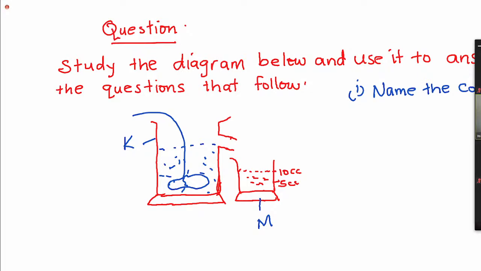Name the containers marked K, then M. Then they come to Roman 2.